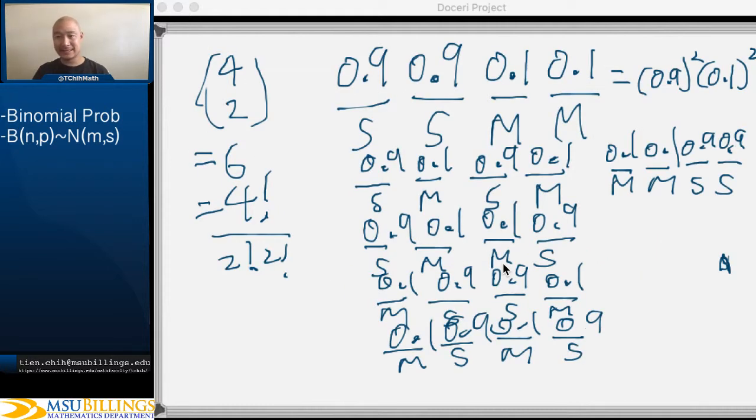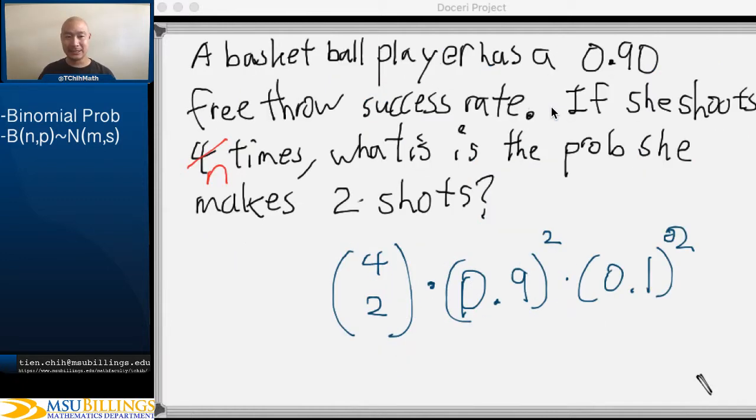Well, instead of things of length 4 here, we'll end up with a whole bunch of things of length n, depending on what n is. But the bottom line is, still, out of the n shots that she takes, we still have to pick 2 of them, right, to make. So instead of a 4 there, we're going to get an n there.